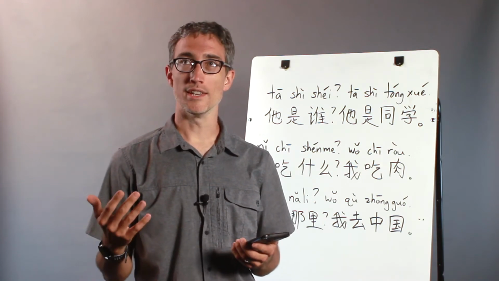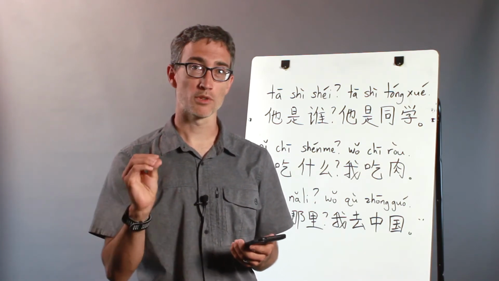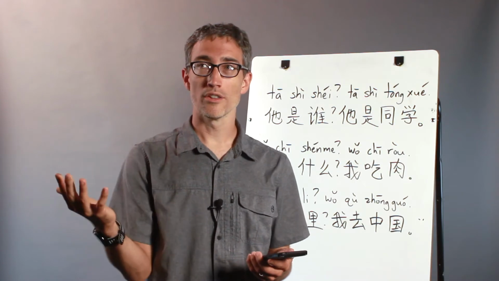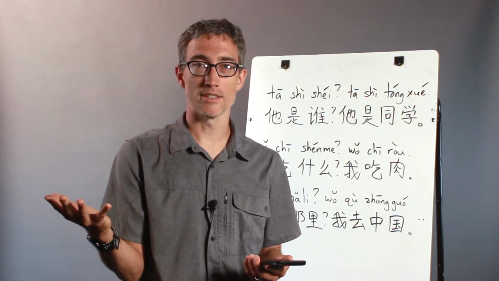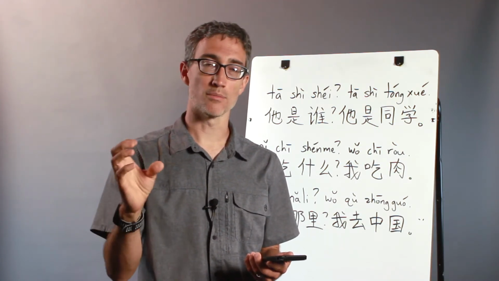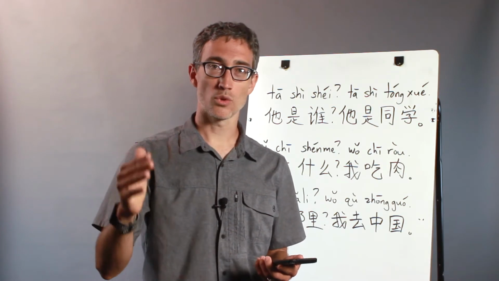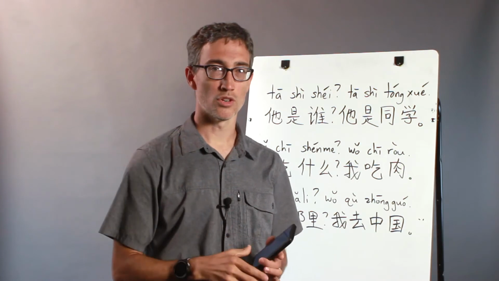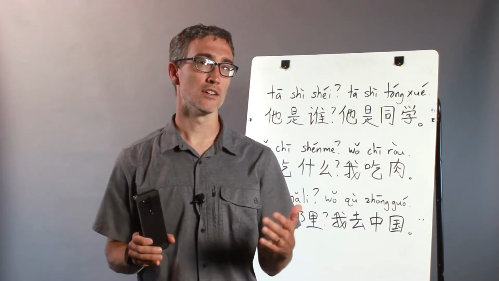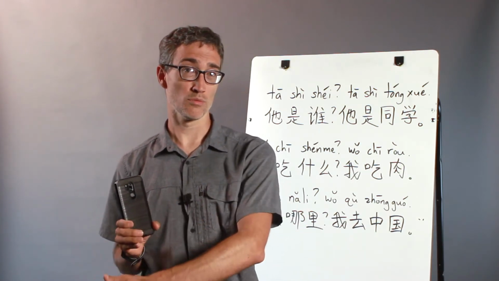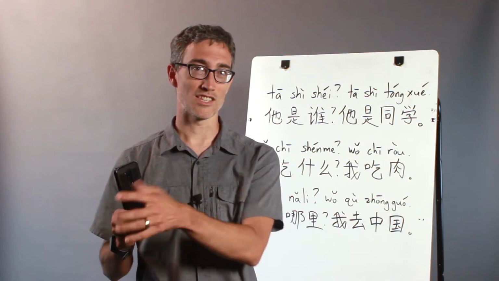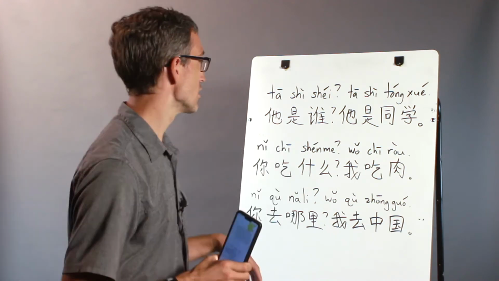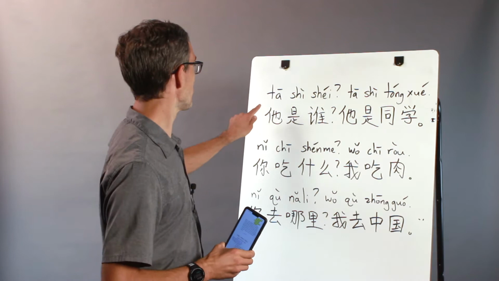What you do to form a question is you just put the question word where the answer would be. In many cases, it's a noun or an action or something. So when you're asking a question, wherever the answer would be, that's where the question word goes. So if you're trying to figure out how to make a question, think about what the answer would be, and then just take the answer out and insert the question word. So let me show you what this looks like.